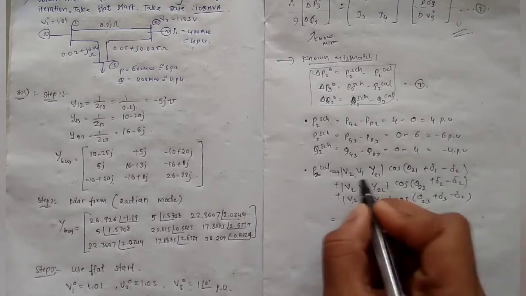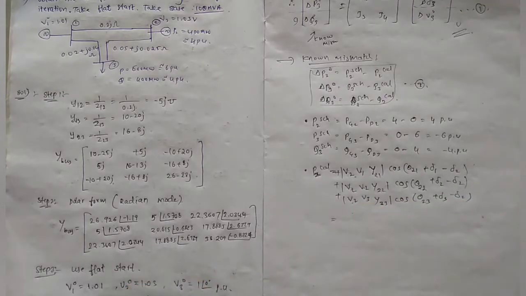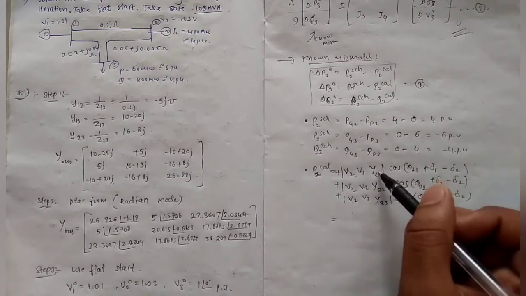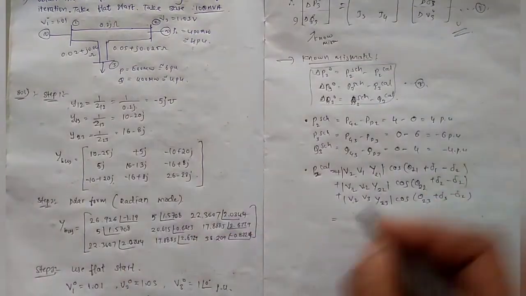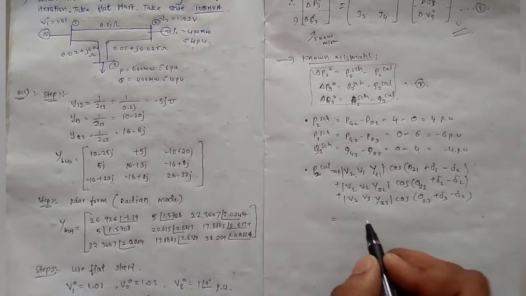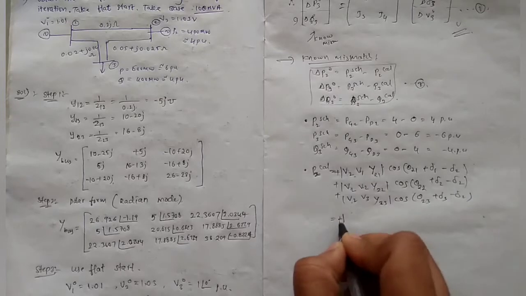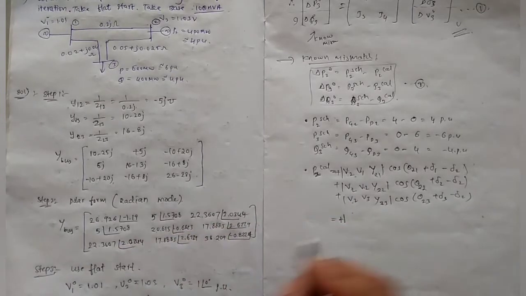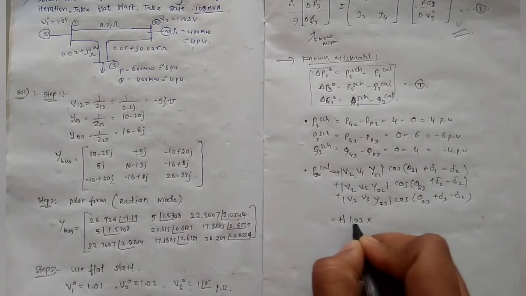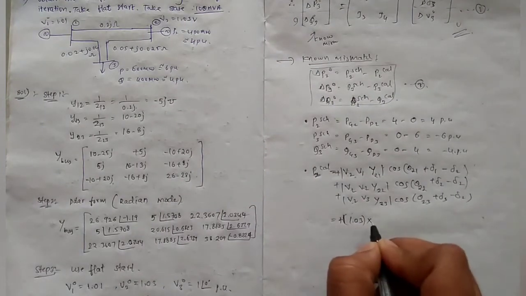And we need to substitute all these values. Since we have already used the flat start values, we need to put these voltage values, and Y21 is these values. Only consider the magnitude values. For this I will show how to write. Plus V2, we have 1.03 into magnitude, only magnitude, no angle should be considered.